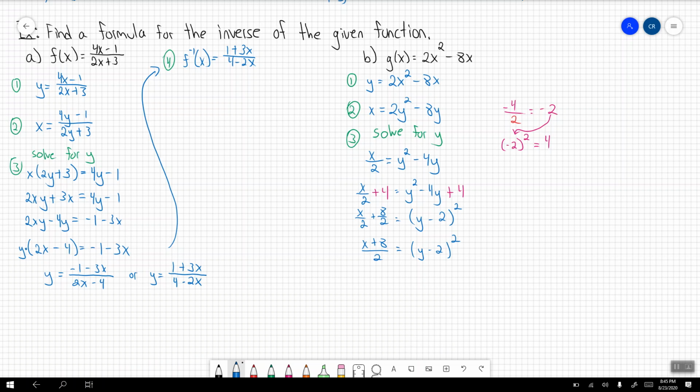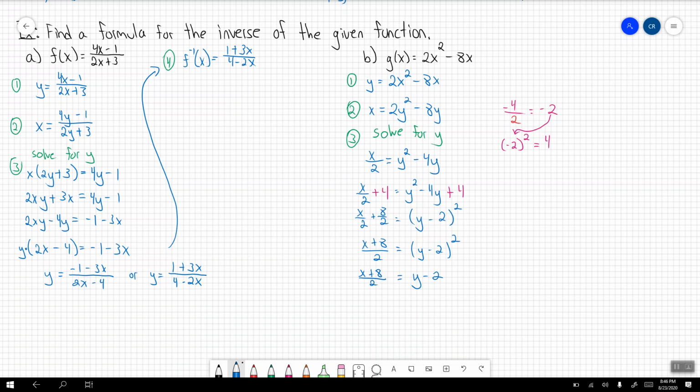Now I need to keep solving for y. I need to take the square root of both sides. Now it might be easier said than done, but when you take the square root of both sides, I want you to be very, very careful with that.